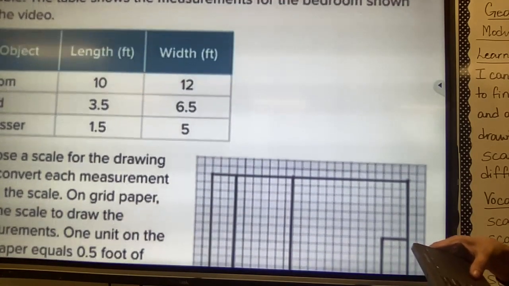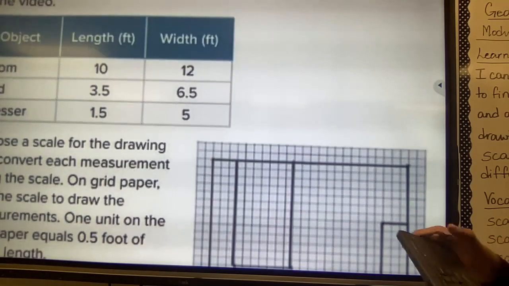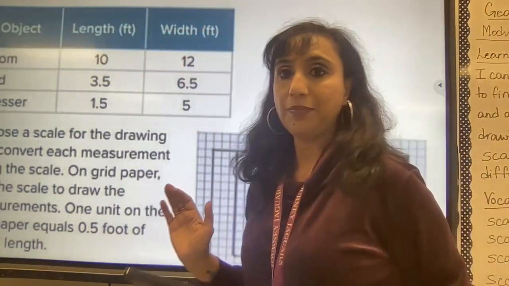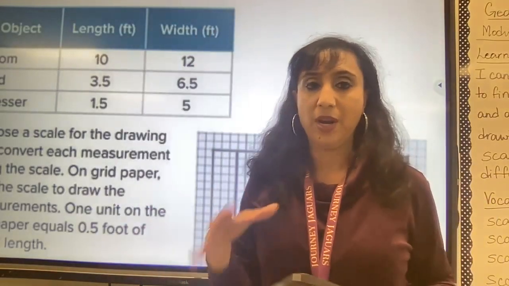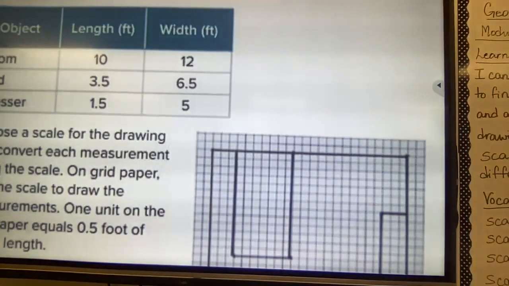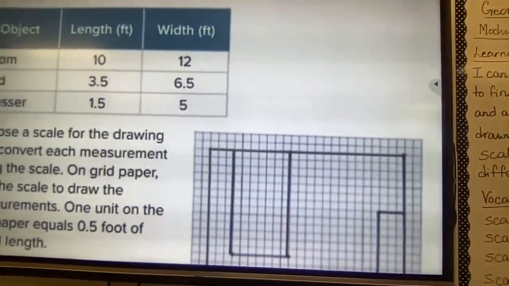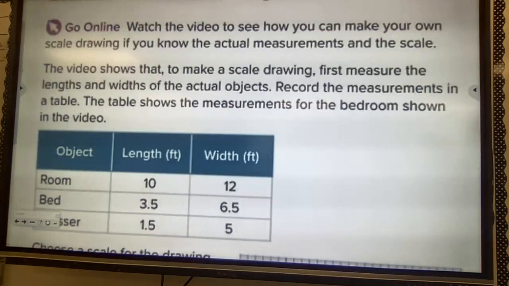You've been given the length and the width of the bed and the dresser. And now, as you can see, this is in feet. Okay, so how can we fit this on a paper? So basically what we do is we are going to be doing a scaled down version. All right, in this case, we choose a scale that is going to work.